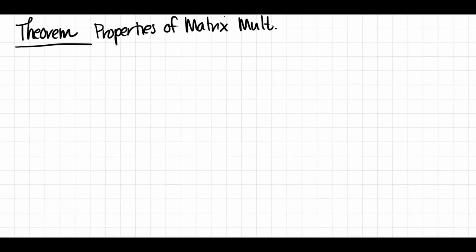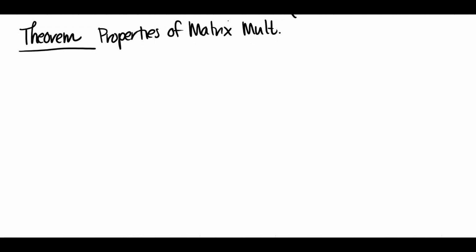All right, so let's look at some of these properties. Some of these are going to make sense. Some we'll leave out, like the commutative property. So let's let A and B be matrices of appropriate size. We're going to be a little bit more generic here on the size of A and B because it has to work for the multiplication.